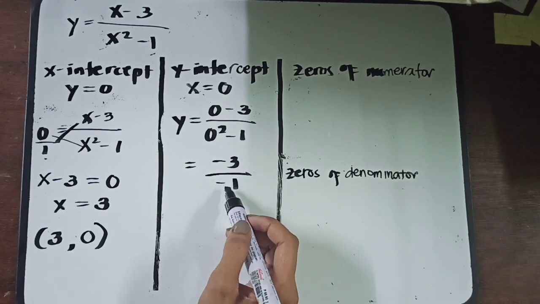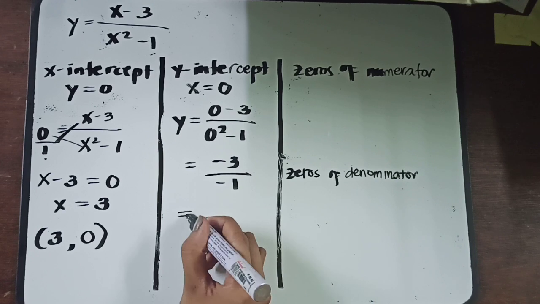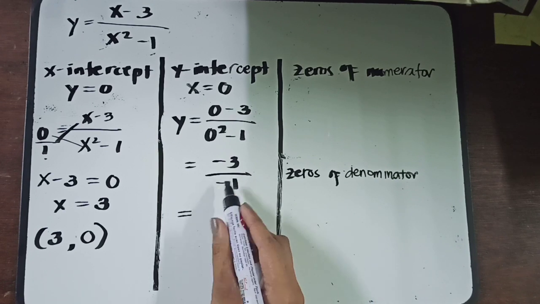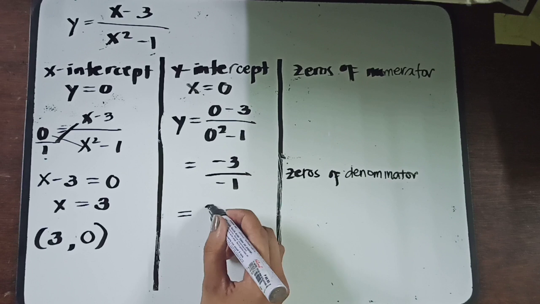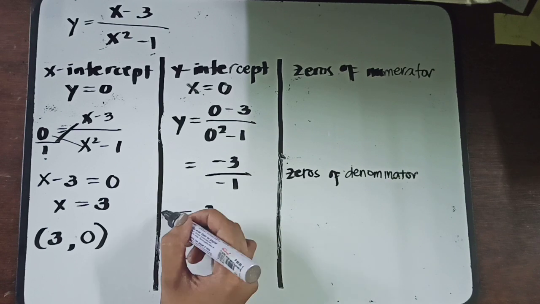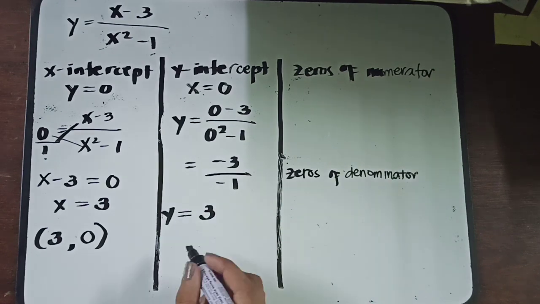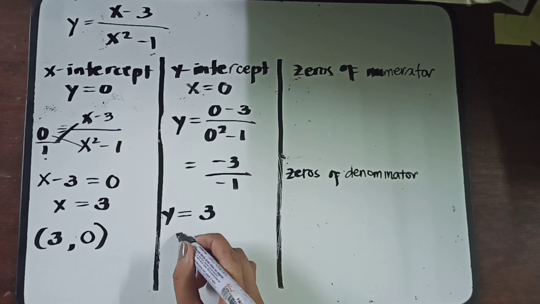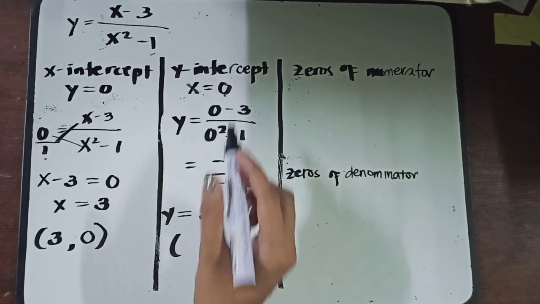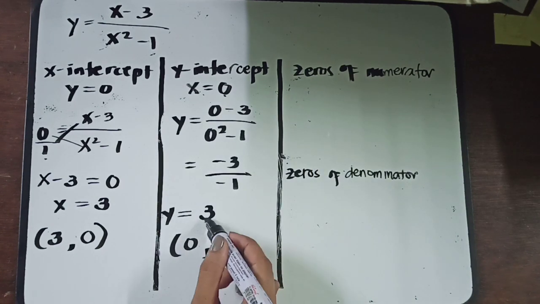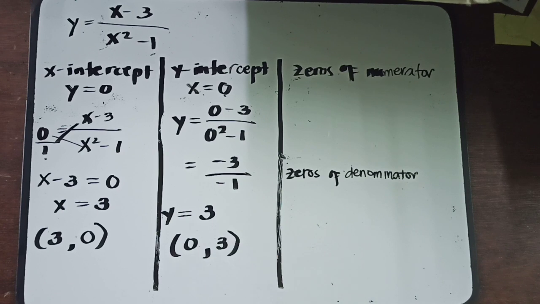So, negative divided by negative, that is positive. Okay, so negative 3 divided by negative 1 is positive 3. So, the value of our y is positive 3, and our y-intercept is the value of x, which is 0, and the value of y, which is 3.